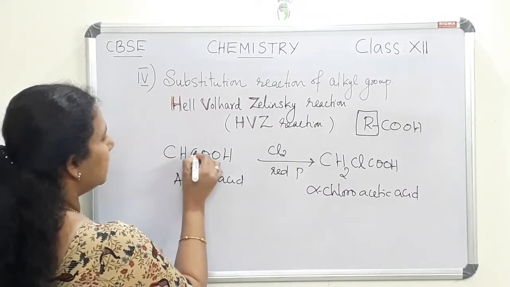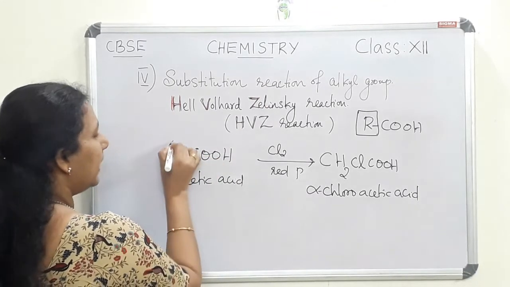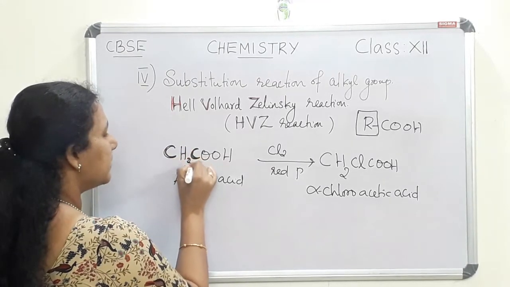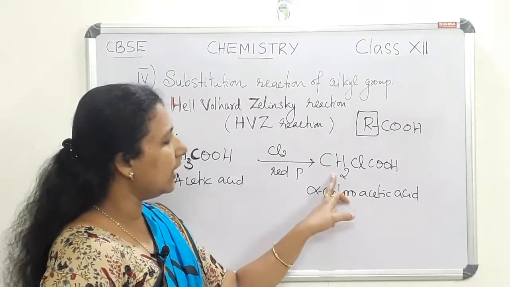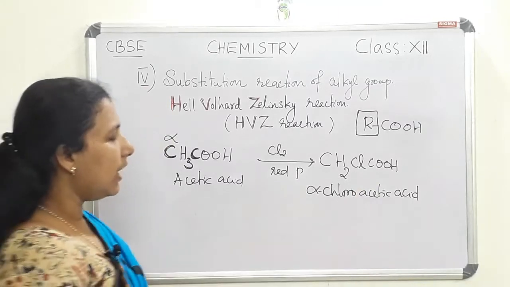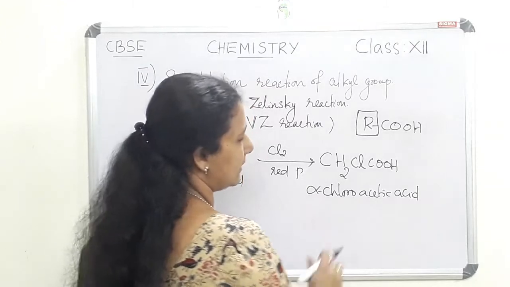Here the functional group COOH is attached to this carbon atom, which is the alpha carbon, and these three hydrogen atoms are alpha hydrogen atoms. In the first step, one hydrogen is replaced by a chlorine, and we get an alpha halo acid, alpha chloroacetic acid.